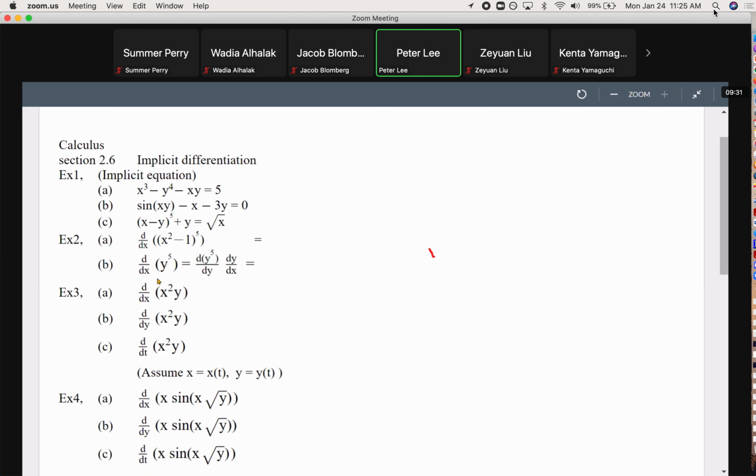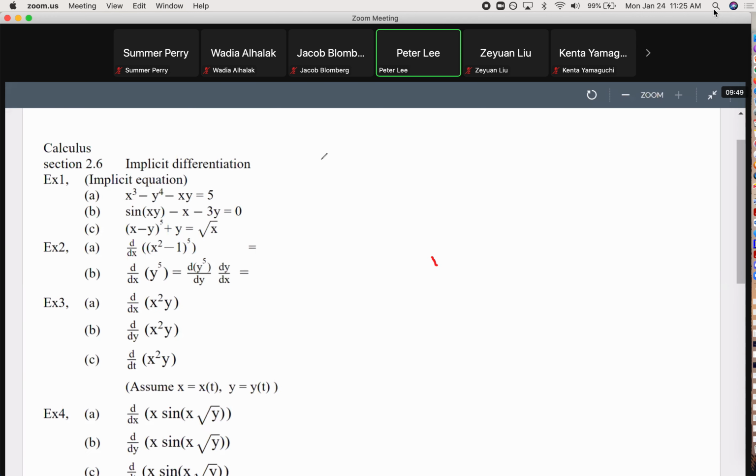By the way, starting from section 2.6, when it comes to implicit differentiation, we want to write dy/dx and not y prime. If you write the derivative as y prime, usually this means dy/dx.